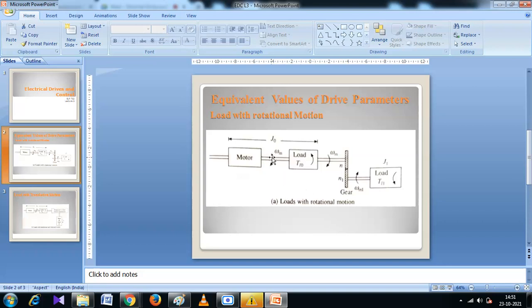First, we are considering the motor and the first load, which is directly coupled. The moment of inertia of that system is J0, and the motor shaft rotates with angular speed omega m.